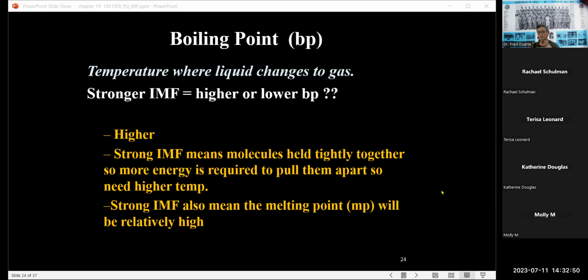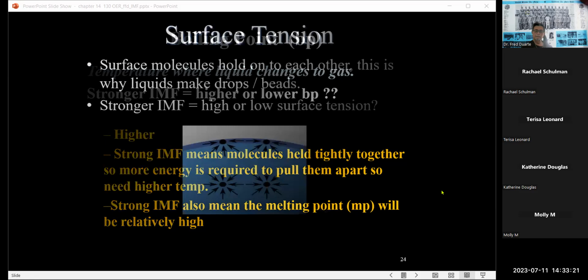The melting point is the temperature at which a solid goes to a liquid. Boiling point is the temperature at which a liquid goes to a gas. So if you have high IMF and compare it to something that has lower IMF, the one with the higher IMF will have a higher boiling point and melting point compared to the other species.